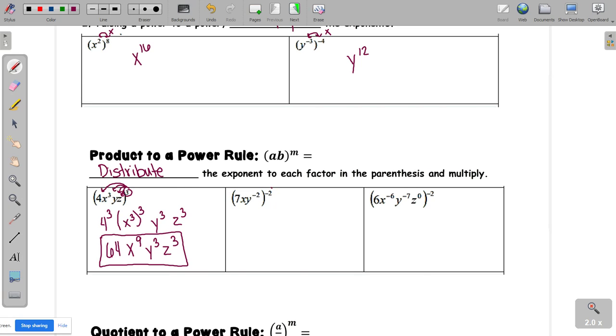For this method, we are going to distribute the negative second to each thing on the inside. So we get 7 raised to the negative second, x to the negative second, and then to the y, we get y to the negative second raised to the negative second. Simplify.